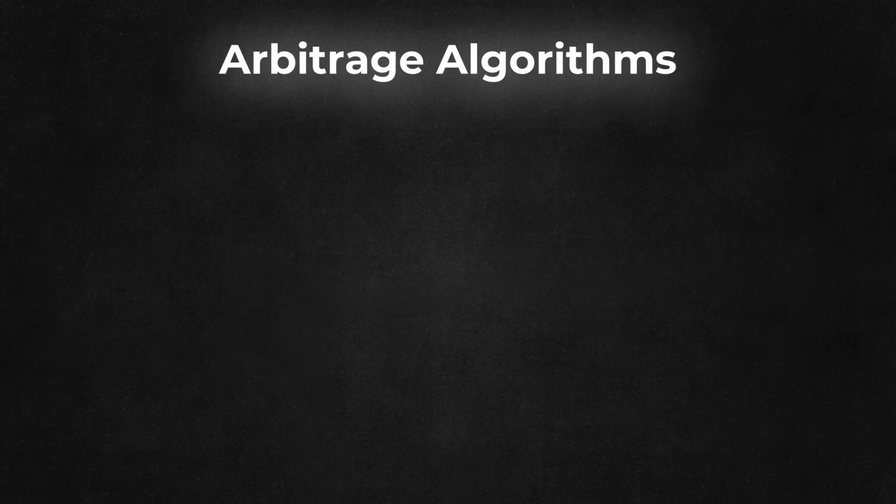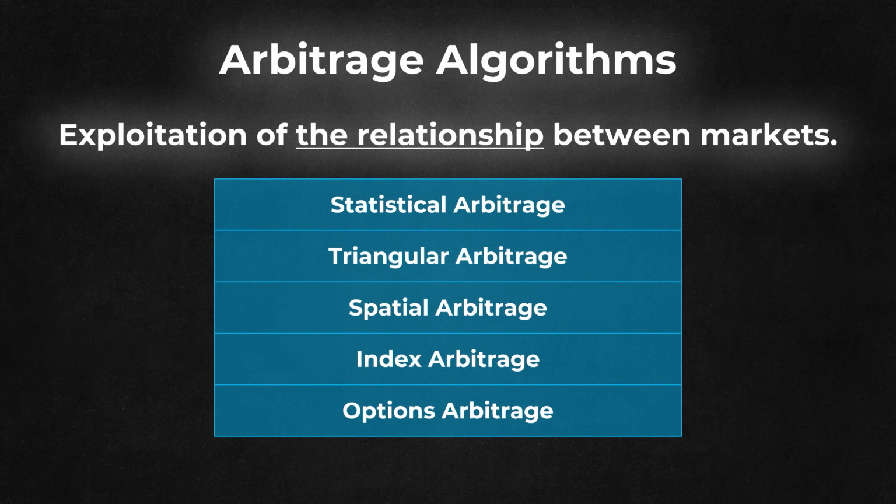Arbitrage algorithms. Simple algorithms like trend following and mean reversion capitalize on the directionality of price. Arbitrage algorithms aim to exploit some sort of relationship between markets. There are several kinds of arbitrage algorithms given the vast and complex market landscape we have nowadays.